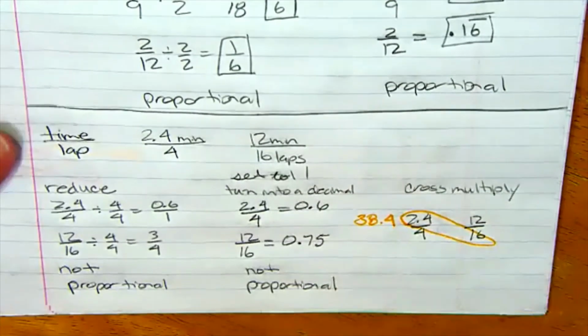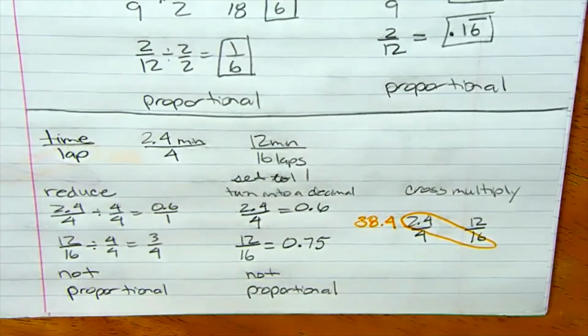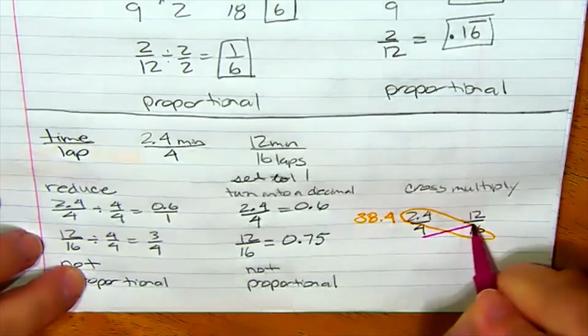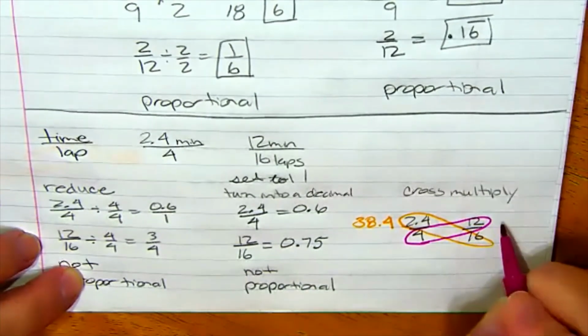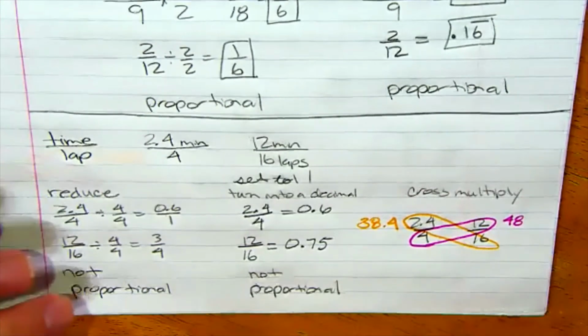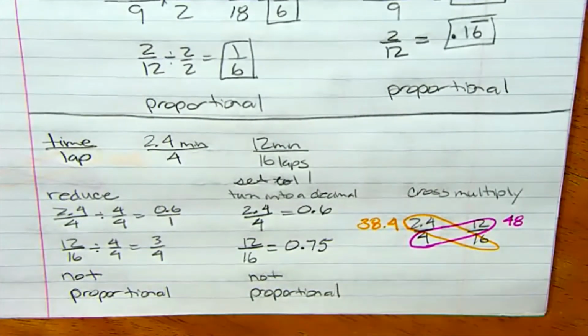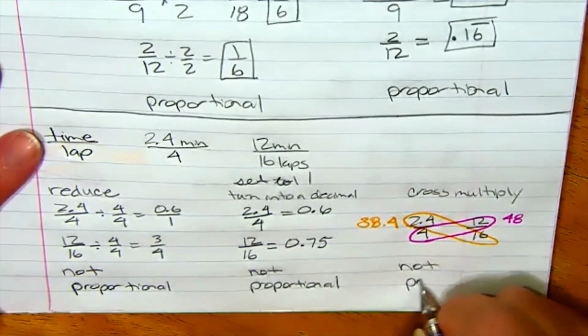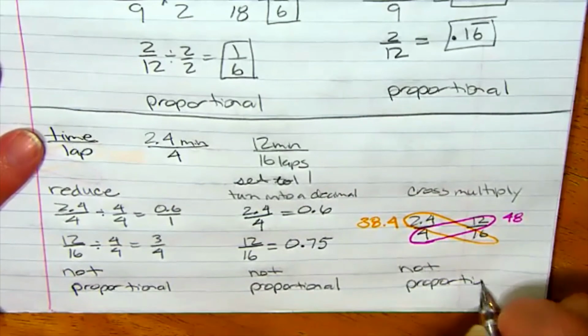Yes, please do. 38.4. 4 times 12, 48. 38.4 is most definitely not equal to 48. So, not proportional.